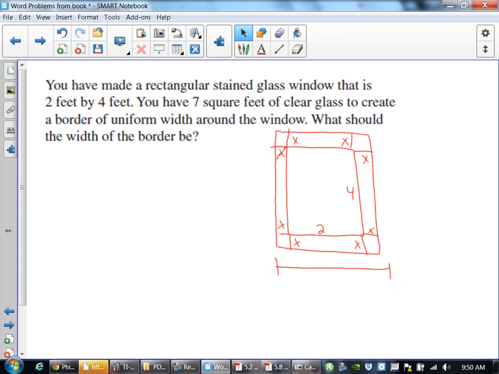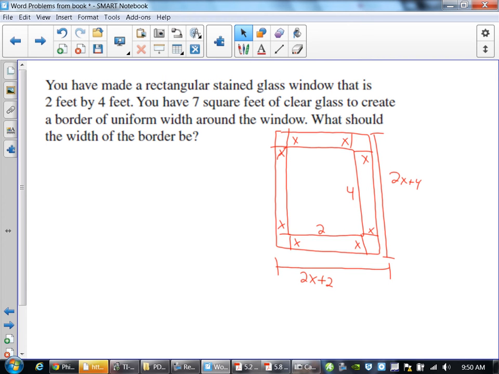This would be 2x plus 2, and this would be 2x plus 4. I'm adding some value to both sides of the border. So my new area would be something different.